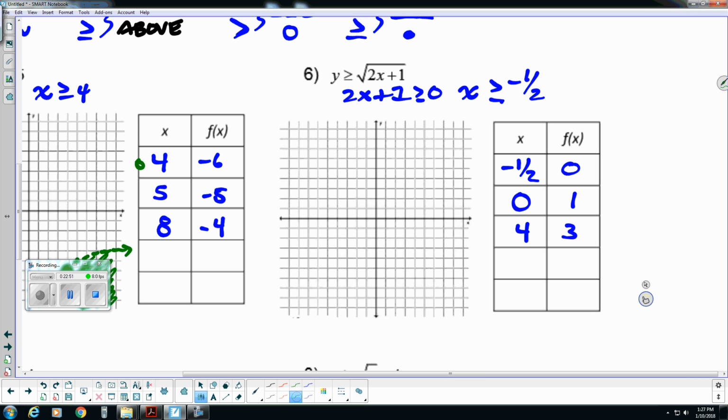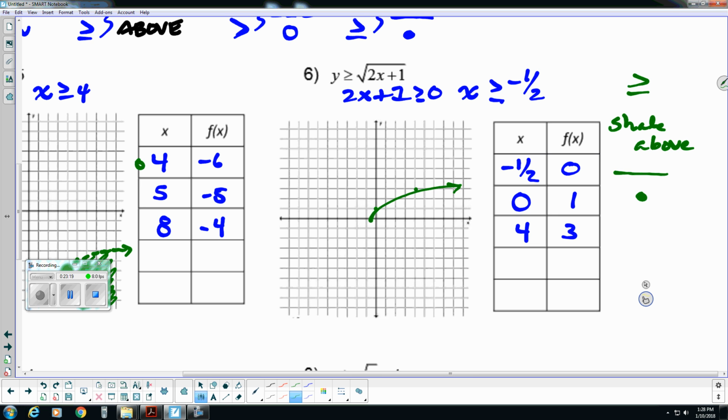Now a couple things before we start. I have a greater than or equal to, so I'm going to shade above, and this time I'm going to have a solid line and a solid closed dot. So -1/2, 0, solid closed dot, 0, 1, 1, 2, 3, 3, solid line.